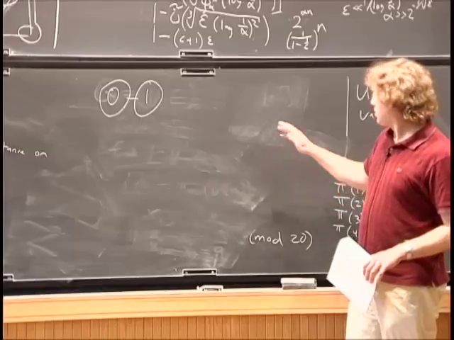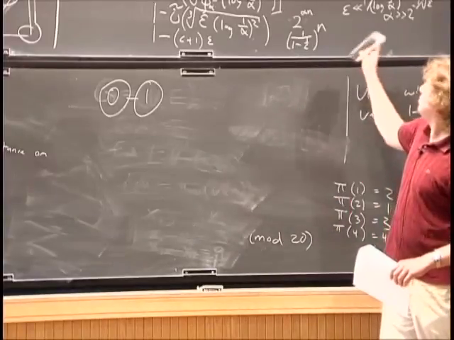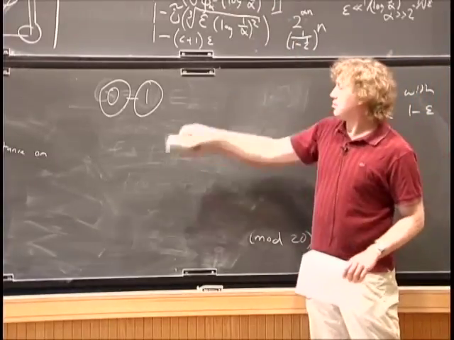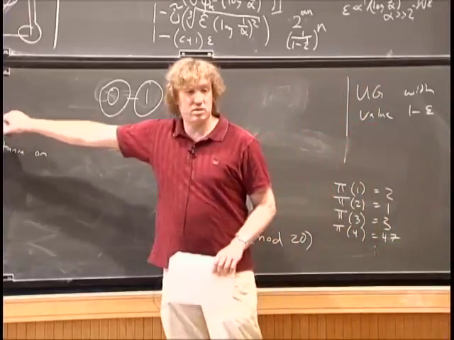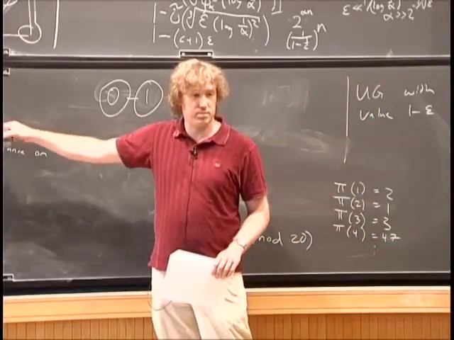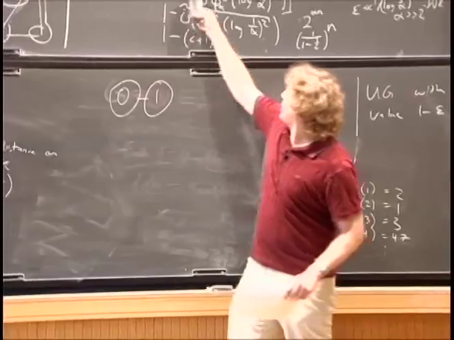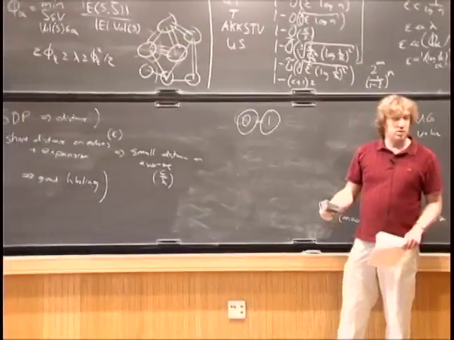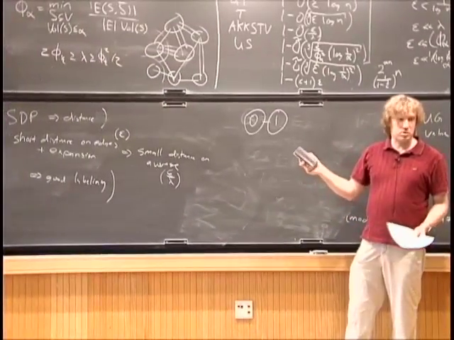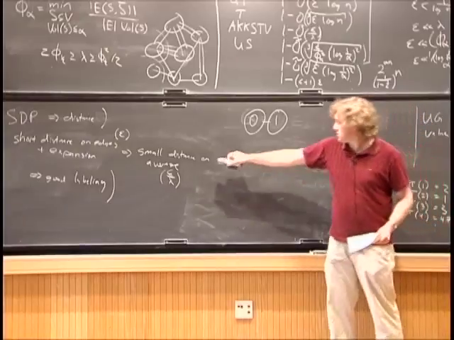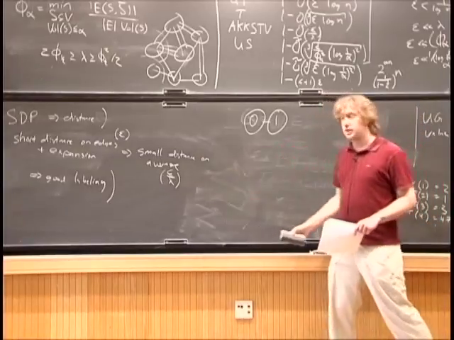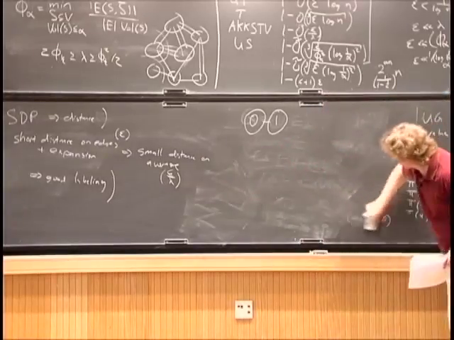Let's see. So in their proof, they show this based on the eigenvalue lambda. Let me instead show a combinatorial way you can argue essentially the same result in the case of an expanding graph.